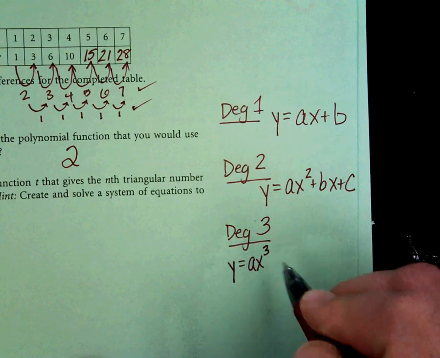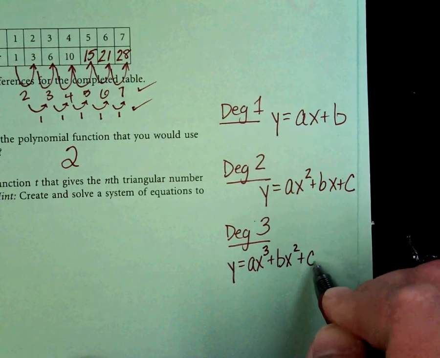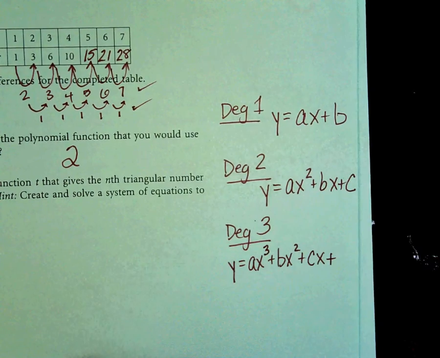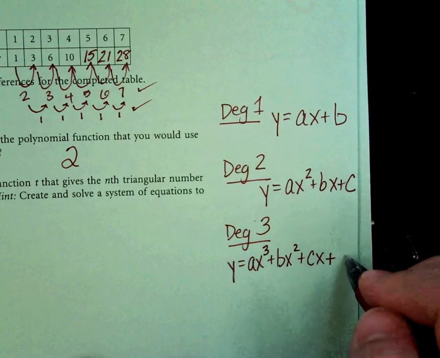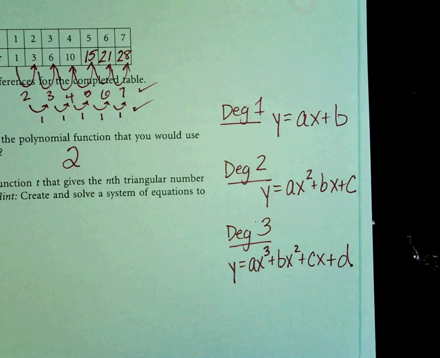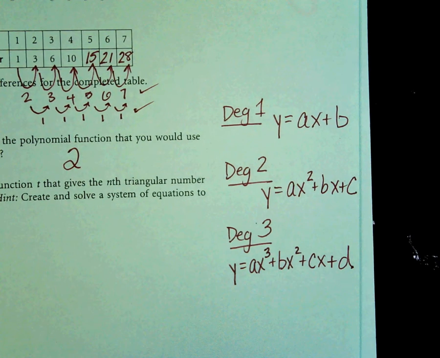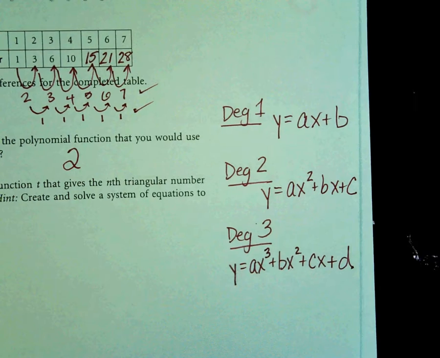It would be ax cubed plus bx squared plus cx plus, we need another letter, d. So imagine if it was degree 10. It would be ax to the 10th plus bx to the 9th plus yada yada yada plus j would be the last letter, because j is the 10th letter in the alphabet. Alright? We usually skip x and y.